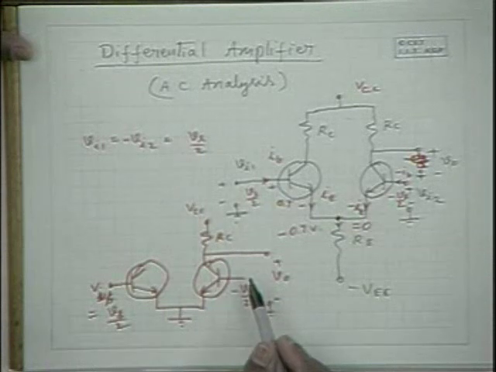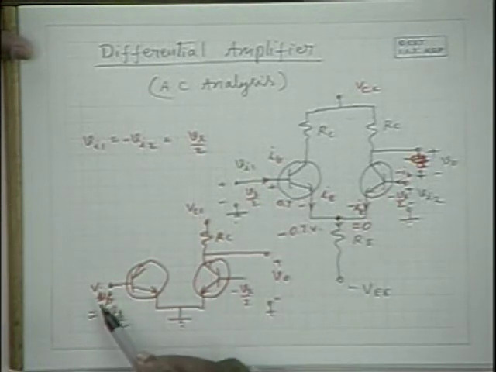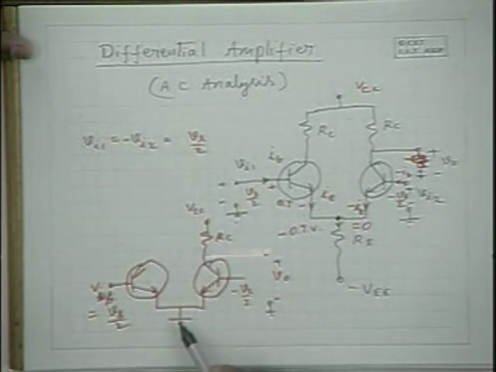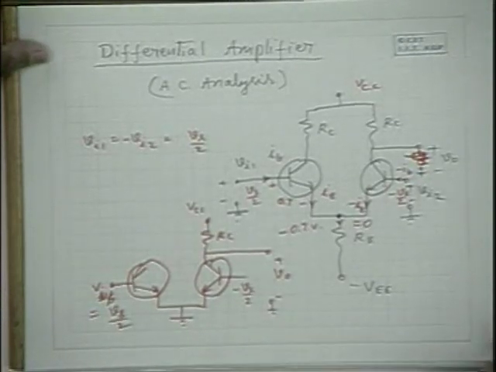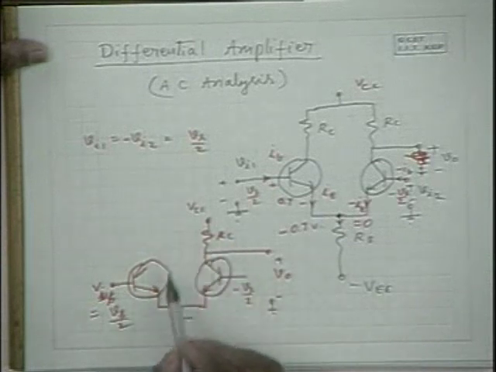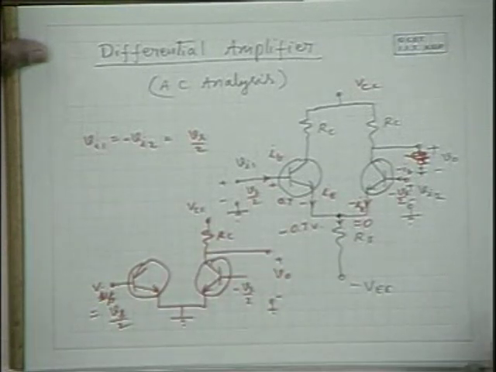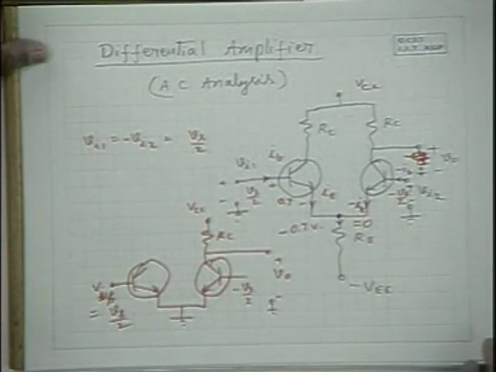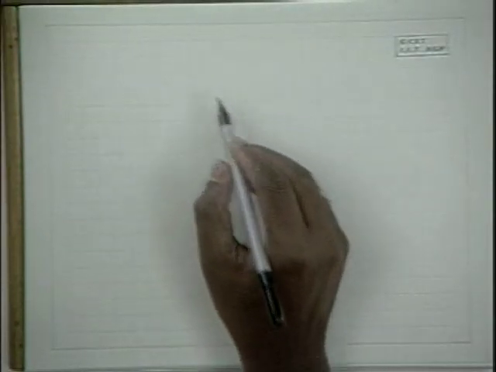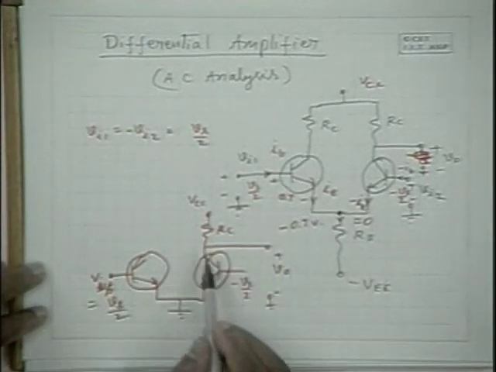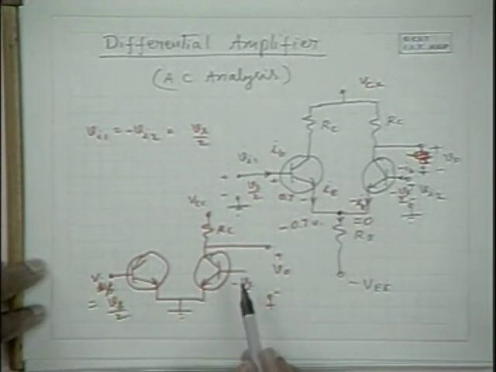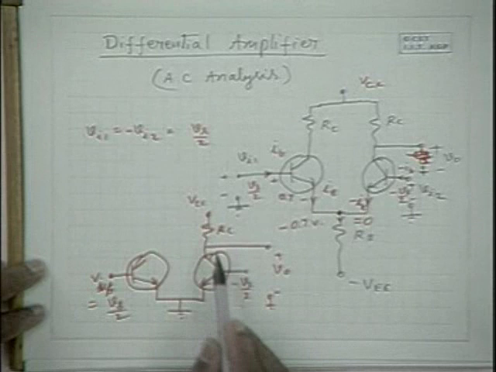That way these two are connected, but please note that this side current doesn't affect this side current. Hence, if we analyze this part of the circuit, that is good enough to give us the gain. Now with Vs by 2 applied here, this is like a common emitter amplifier circuit, with input equal to Vs by 2.